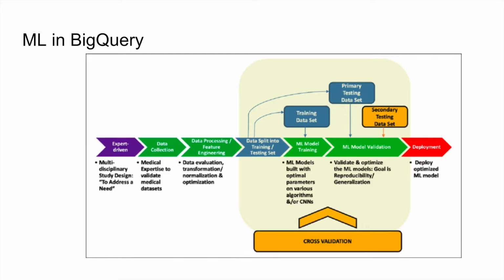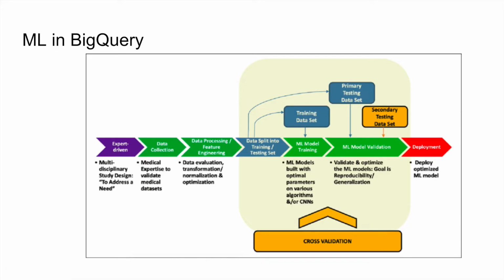Before taking a look into creating a model via BigQuery, let's first look into the steps involved in machine learning development. The first step is to obviously collect the data, and that's what you have already done before putting the data into BigQuery.